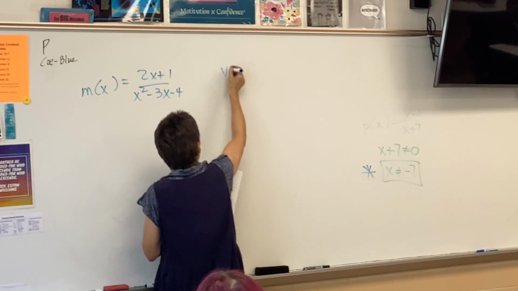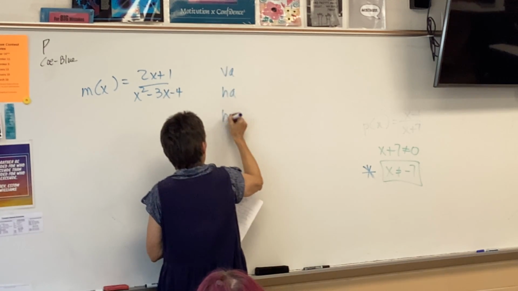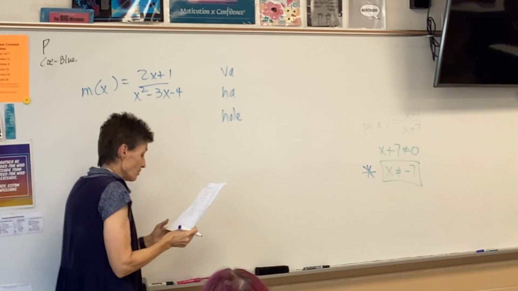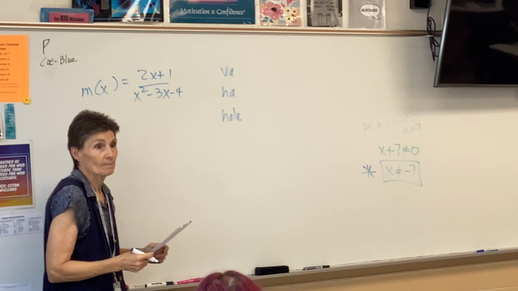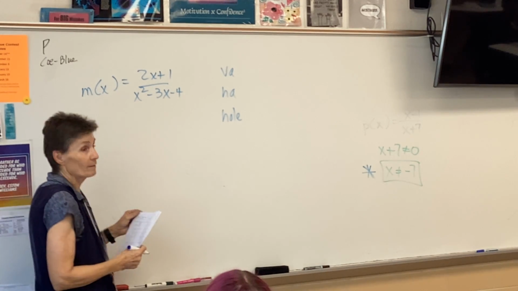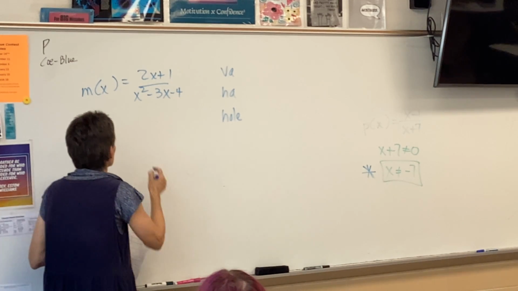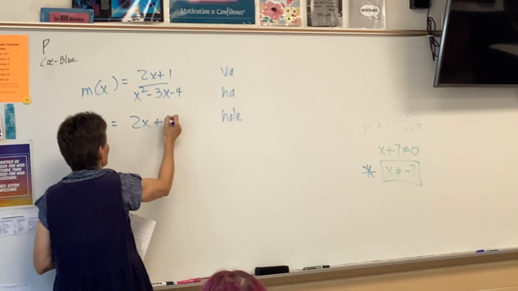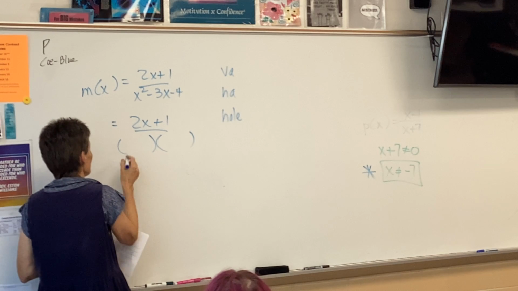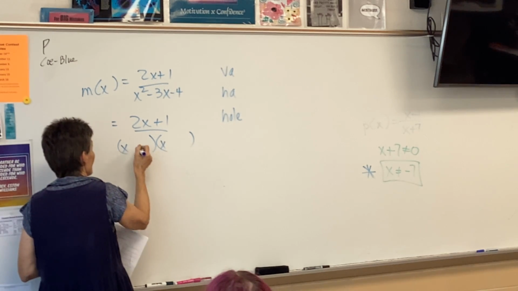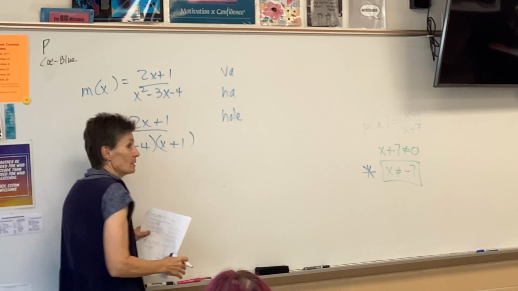So vertical, horizontal, holes. All right, so what are we going to do first? We're going to factor, right? So we're going to have 2x plus 9 over what? How does the bottom factor? x minus 4 times x plus 1.